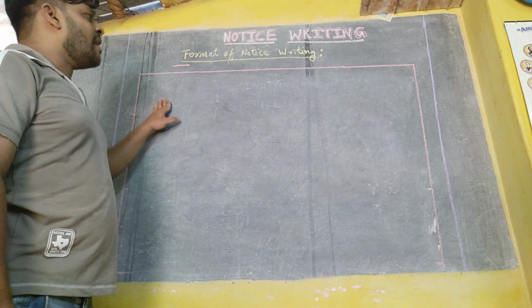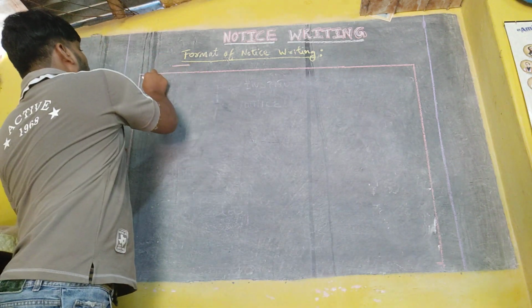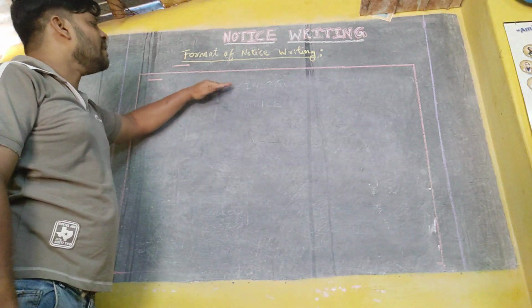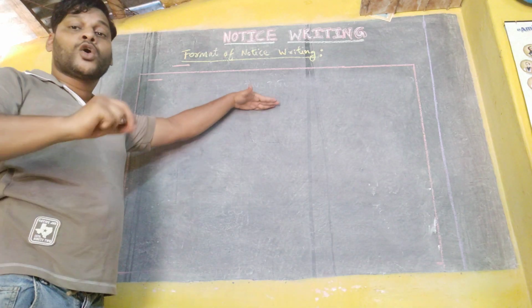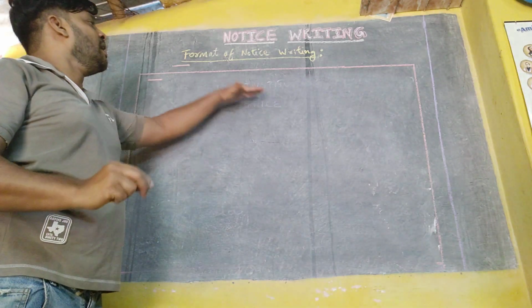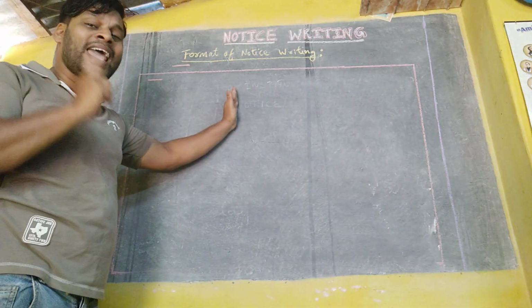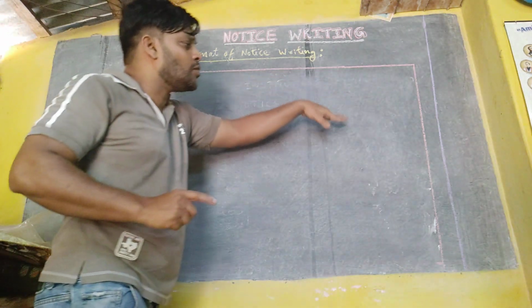After that, leave one line space. And then the name of the institution, place will come in capital at the center, and in the same line. You should not go on to the next line.